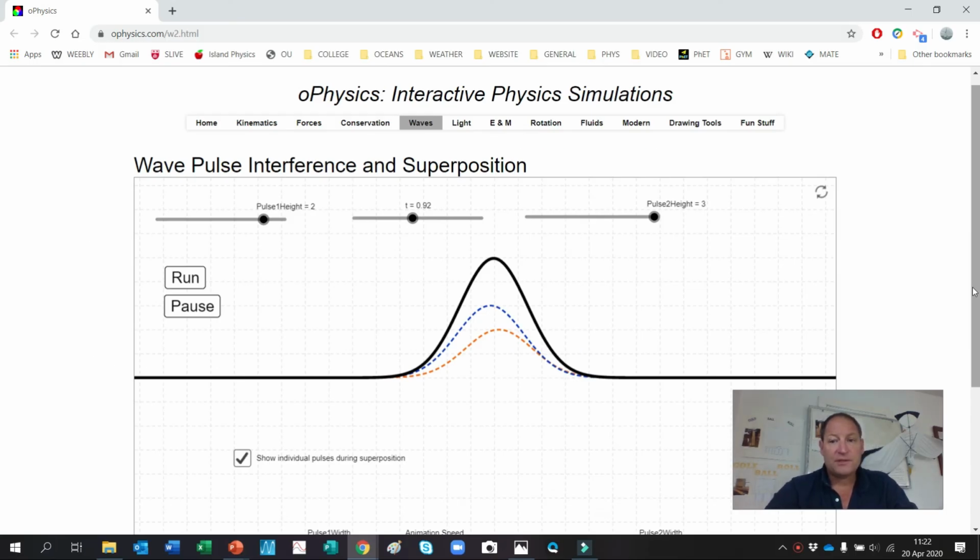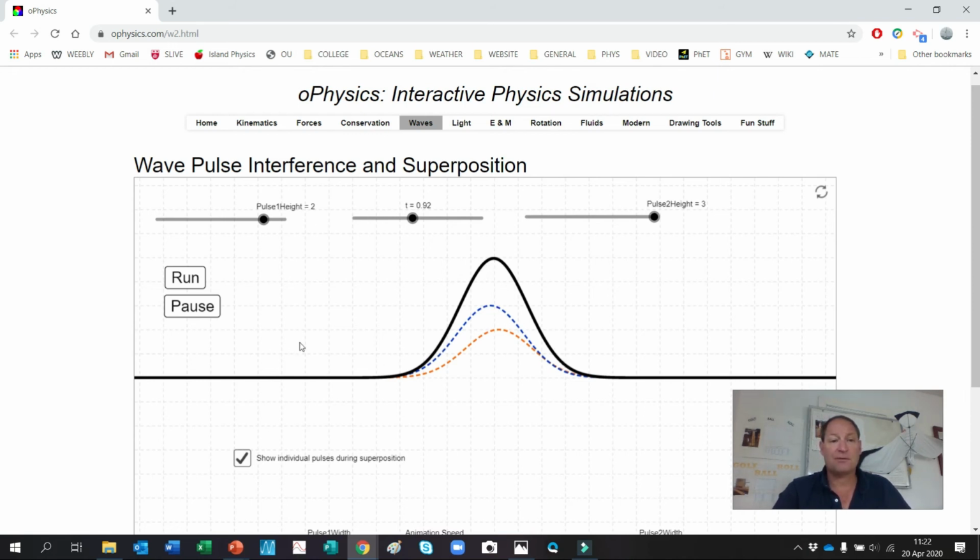This is a computer simulation done by a physics group. It's called OPhysics. They're doing lots of other fun physics simulations for those of you who are interested in physics. What this is showing is that if you have two waves, we've got this lower wave here, and this taller wave, when you add them together, so when the waves coincide with each other, we get a bigger one.